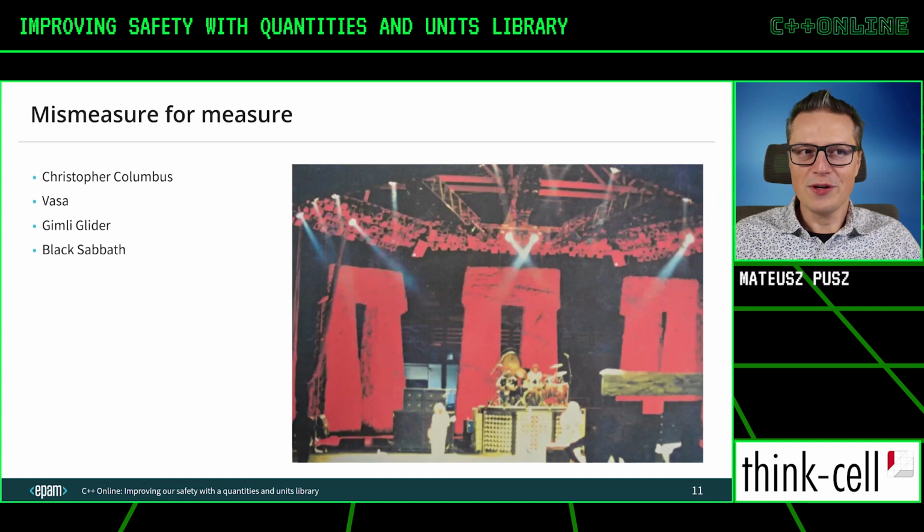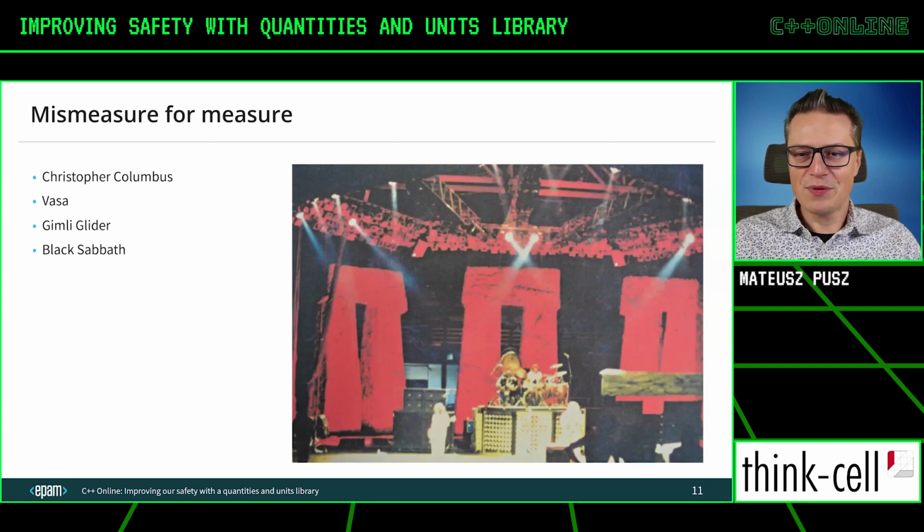It might be a funny story, but the British rock band Black Sabbath, during its Born Again tour in 1983, ordered a replica of Stonehenge as props for the scene. Unfortunately, the manager of this rock band ordered the replicas in the incorrect unit. He was thinking about feet, but he ordered in meters.